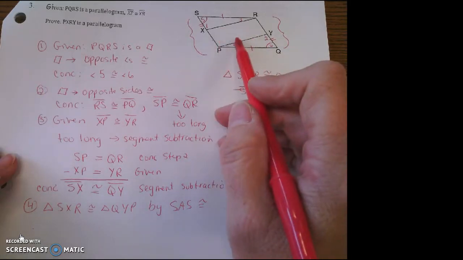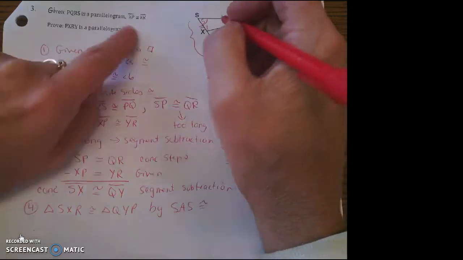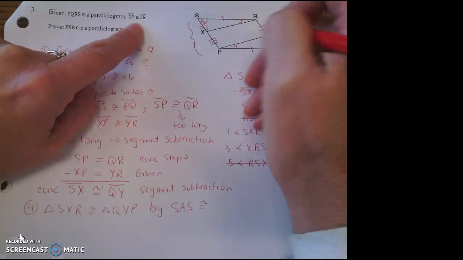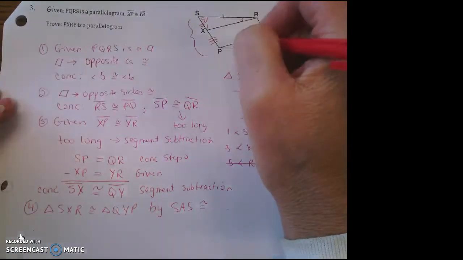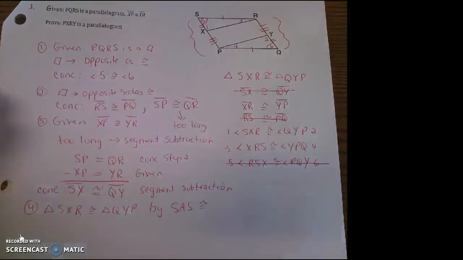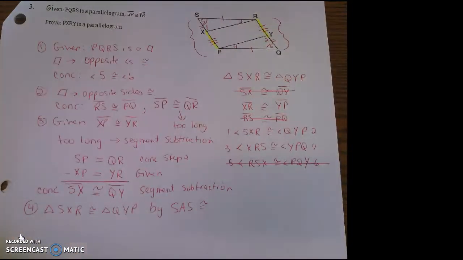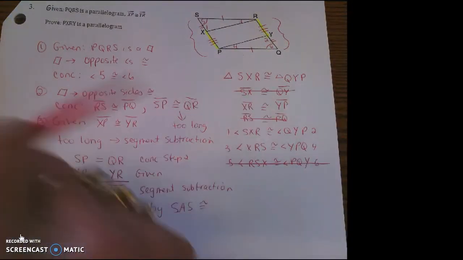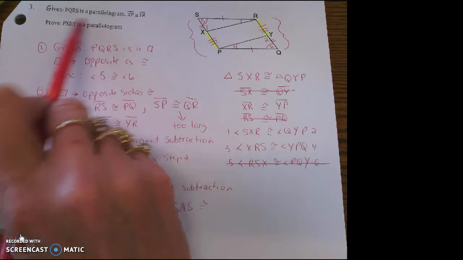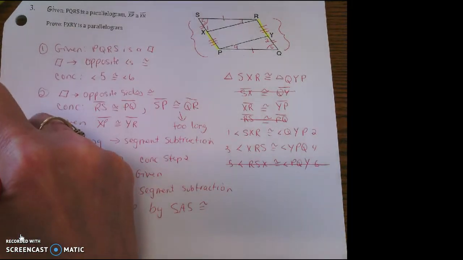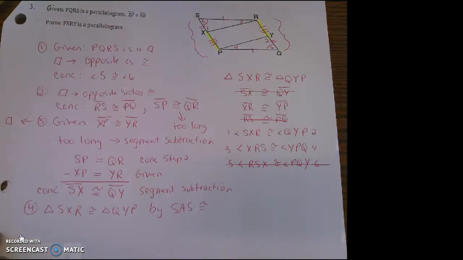That is our goal. And they told us XP, this side, was congruent to that side. And if you notice, that is one pair of opposite sides in our parallelogram that we want to show is a parallelogram. So actually this given was part of what we needed.